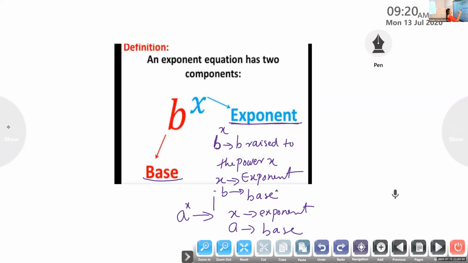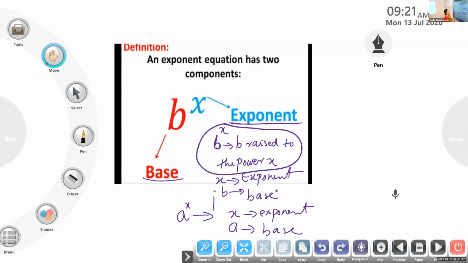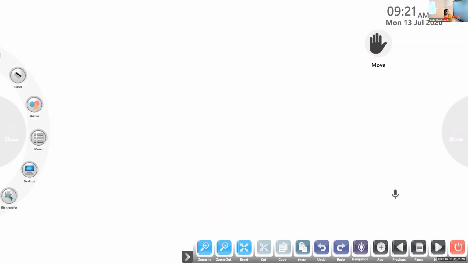In bracket, if you want, you can write: this is the way we can read it. B raised to x, we can read it as B raised to the power x. Jeff, did you write? Yes, ma'am. Okay, good. B raised to x. X is exponent. B is base.